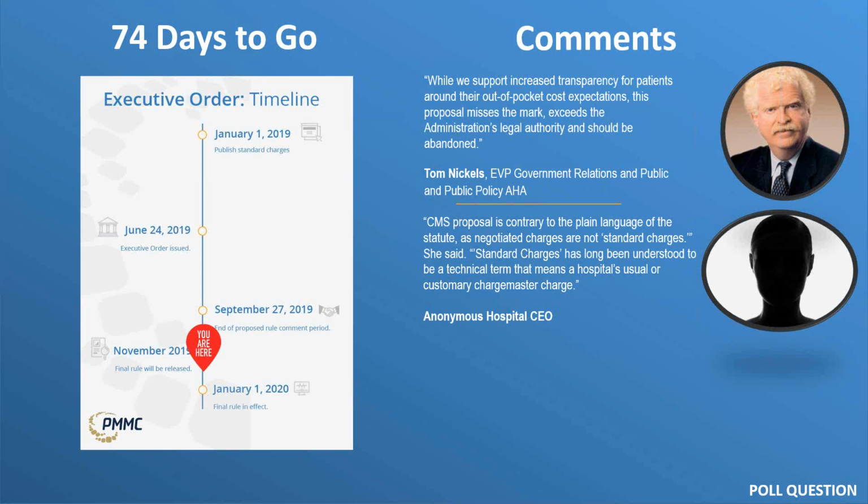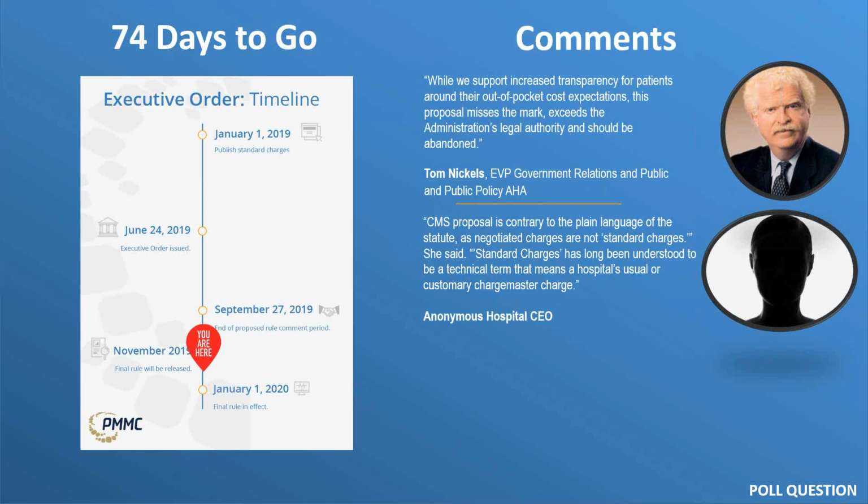As we know, last year, in the inpatient rules for 2019, CMS reminded us again of the obligation to comply with the Public Health Act, and they updated the guidelines to begin publishing a list of charges annually, and that really put us on that path for the January 1, 2019 date.